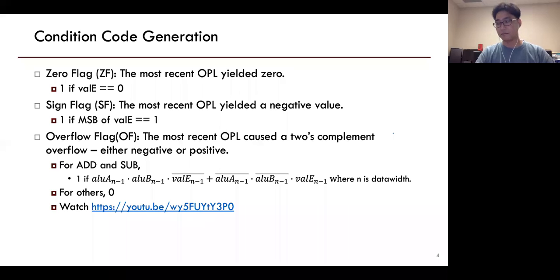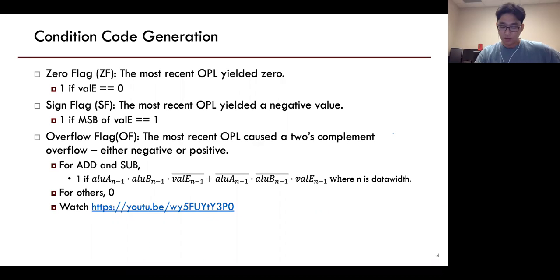Actually, you need some more understanding of two's complement and some more ability to make digital logic for this overflow detection. So let's see the definition of overflow first. It is set if the most recent OPL caused a two's complement overflow, either negative or positive.